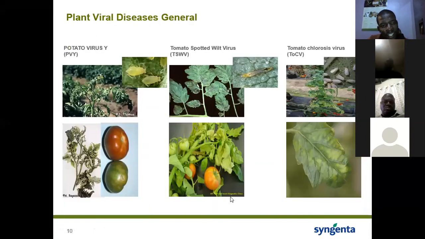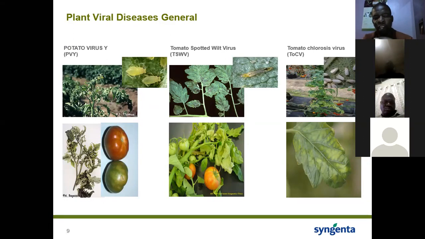Then on the next one, if you look at the leaf itself, it's in a mosaic kind of arrangement. Even on the fruits themselves, you find that they will not give you the red color. It won't give you one color. It will give you a lot of colors. It will have patches.